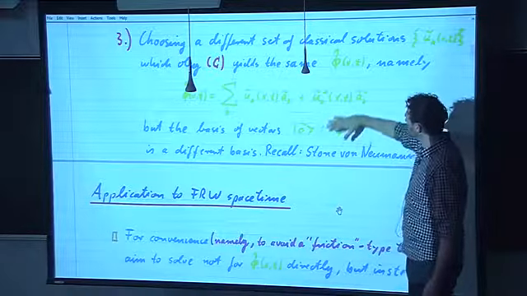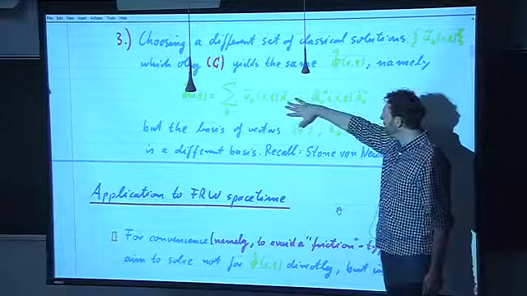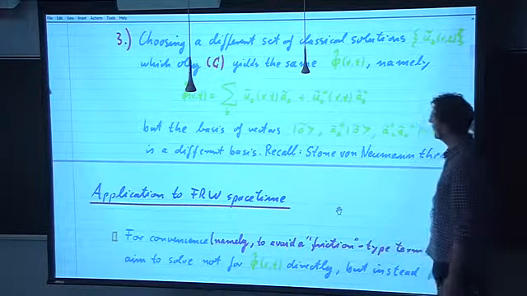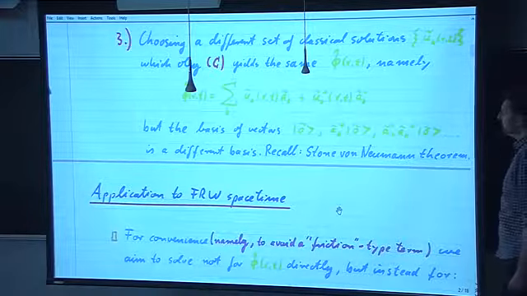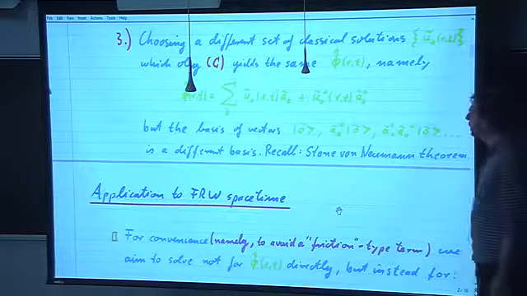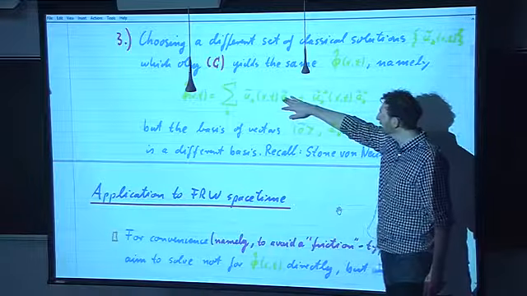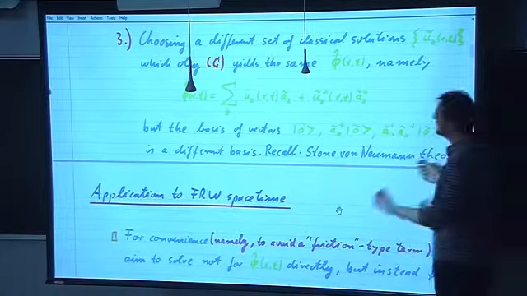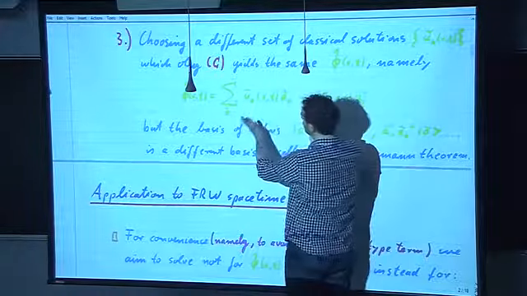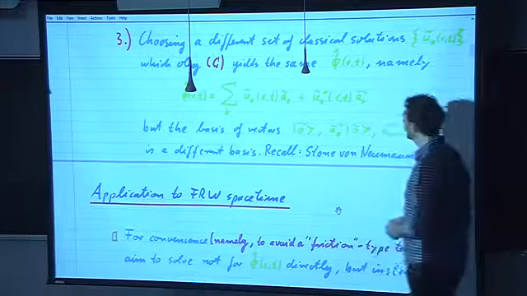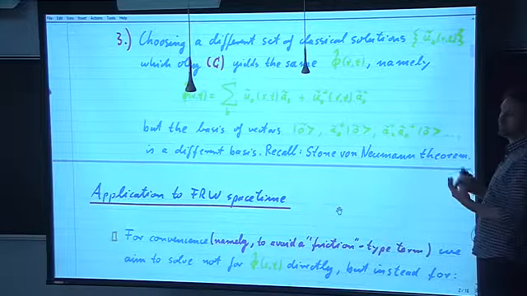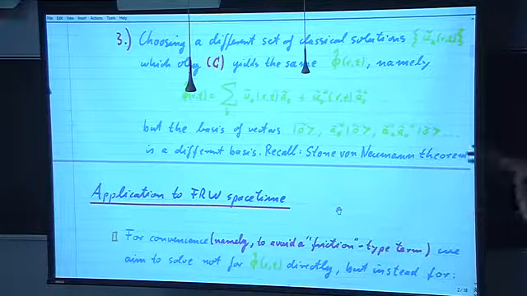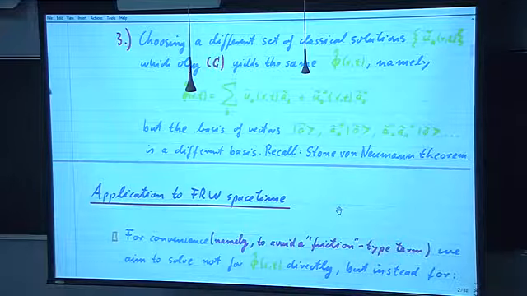We know from that theorem that the Fock bases generated by the A tilde and A tilde dagger operators must be just a unitary transformation away from the Fock bases generated by the untilded A and A dagger operators. So by choosing two sets of mode functions, the U's and the U tildes, we generate two sets of basis vectors in the very same Hilbert space. And of course, two bases of the Hilbert space are always related by unitary transformation.